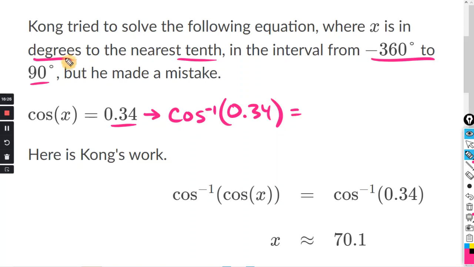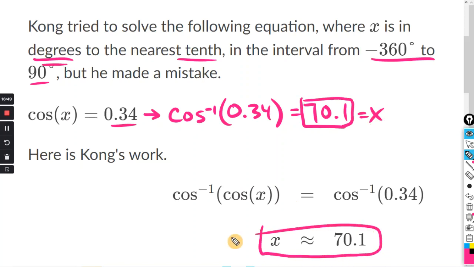All right, so now we're in degrees. And if I do inverse cosine of 0.34, I get 1.2. Hold on, that was in radians. In degrees, I get 70.1 for the value of x. So that's what he got.